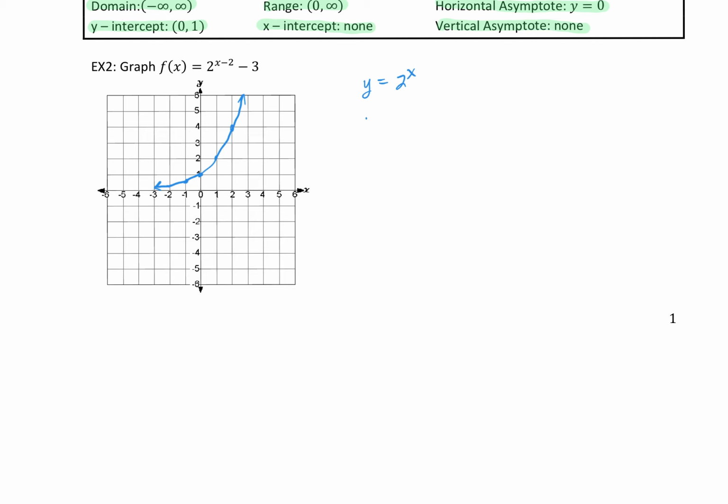The first transformation would be the x minus 2. So I'm subtracting 2 from the x. It's going to do as we saw before. When you minus 2, you're actually going 2 units to the right. So we're going to take all of these key points and we're going to move them, maybe I'll just pick the really nice ones. Well, this one is okay. We're going to move them all over 2.